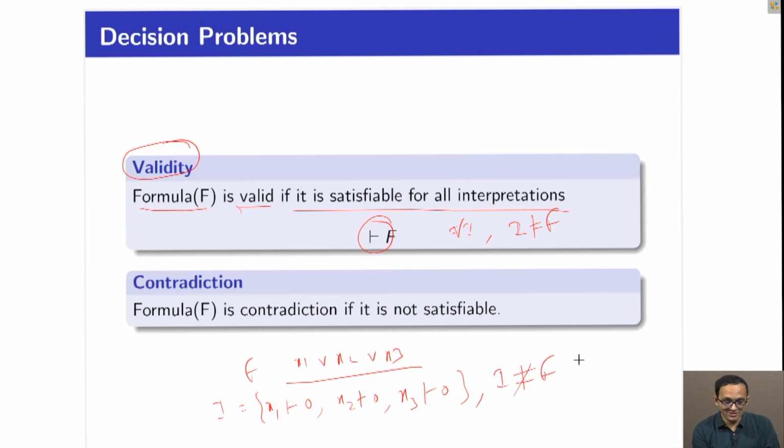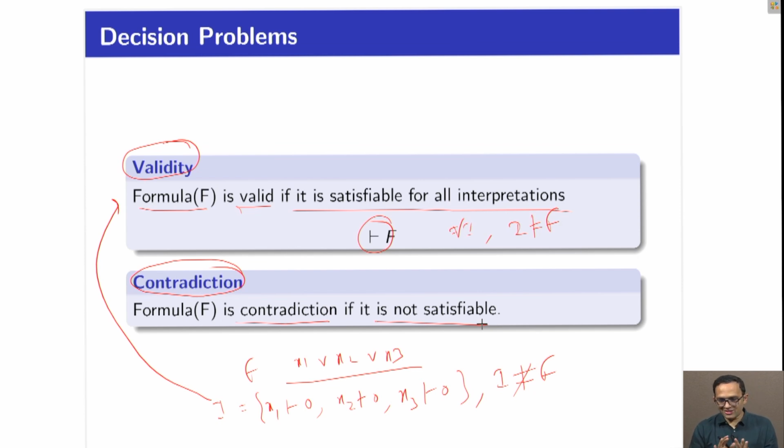So, that means there exists an interpretation under which the formula is not satisfied, so it is not valid, okay. And there is a subsequent definition called contradiction. The formula is a contradiction if it is not satisfiable, right. So, that means there does not exist any interpretation under which the formula is true. So, it is basically false for all interpretations, okay.